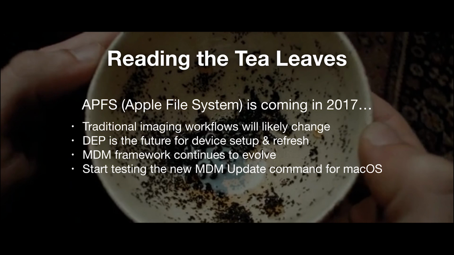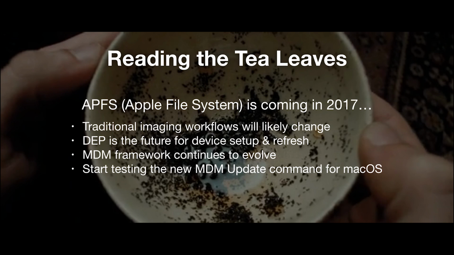If we sort of look to the future and read the tea leaves, if you will, we know that Apple's coming out with a new file system soon. They've announced this at WWDC, which means a lot of the traditional imaging workflows that we've been using in the past are going to likely change. We already see it in the setup process right now where people are using DEP more instead of imaging.